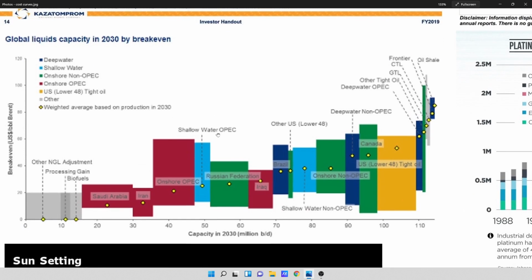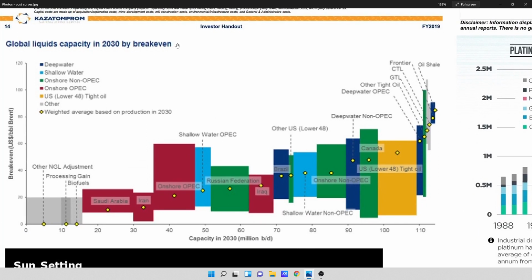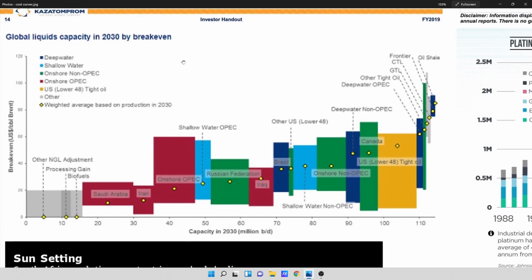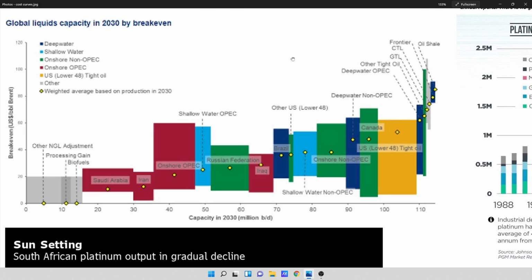Now here is global liquids capacity in 2030 by break-even. This was given out. It's not that 2019. Weighted average based on production in 2030. And they're trying to project some of the break-evens of the price per barrel, US dollar price per barrel of Brent crude.